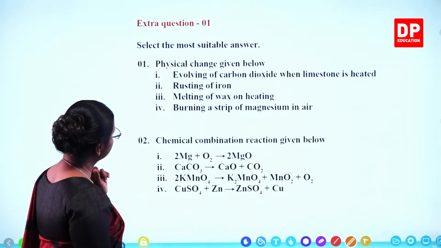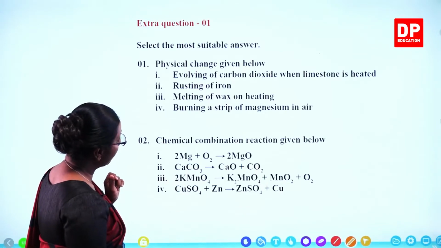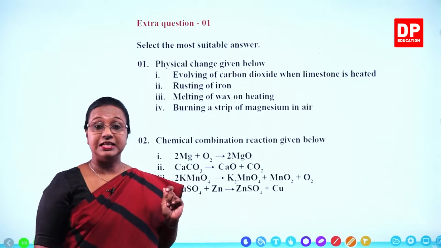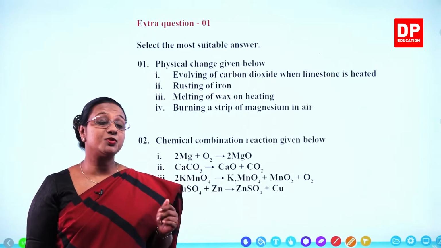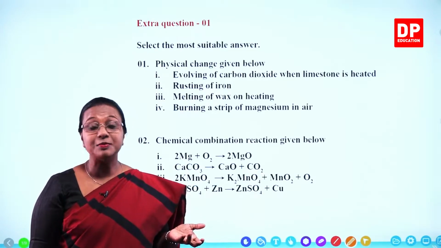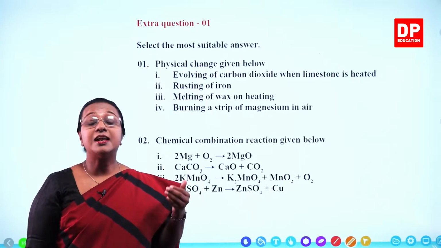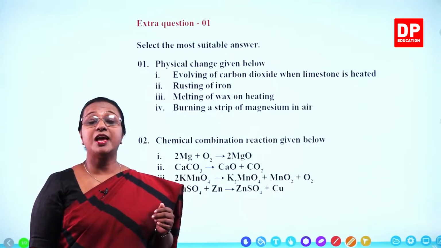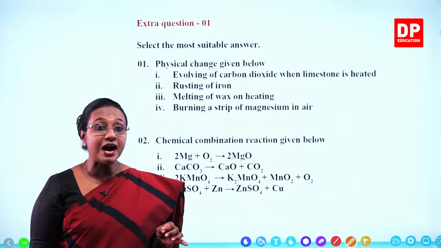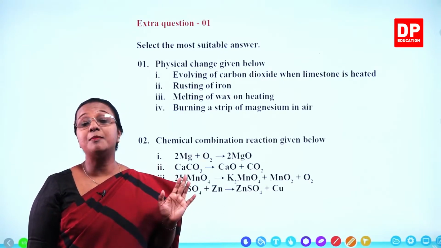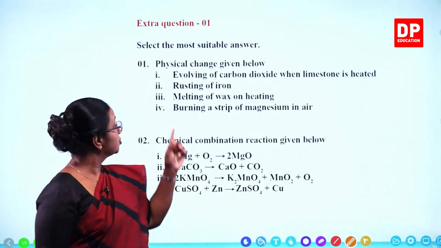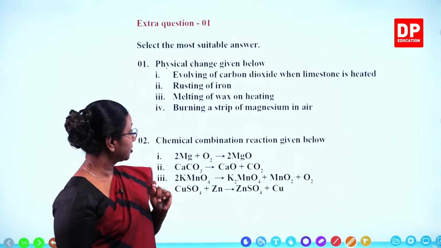So physical change, evolving of carbon dioxide when limestone is heated. So you all know students, limestone is what? It is calcium carbonate. So when we heat calcium carbonate, what happens? There is a chemical decomposition reaction taking place and there calcium oxide and carbon dioxide are formed. So that is a chemical reaction.